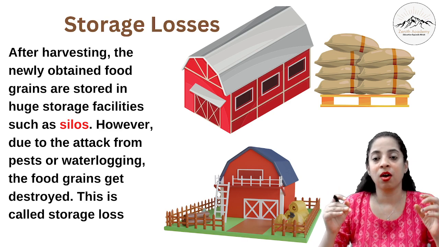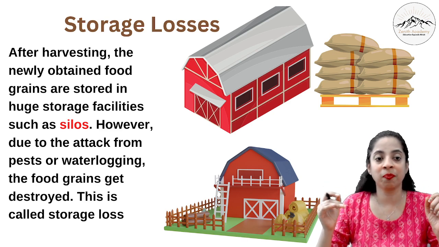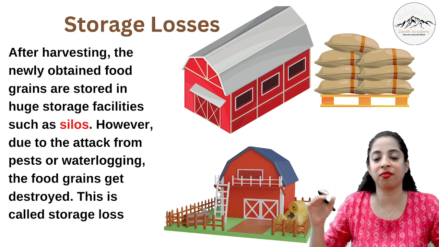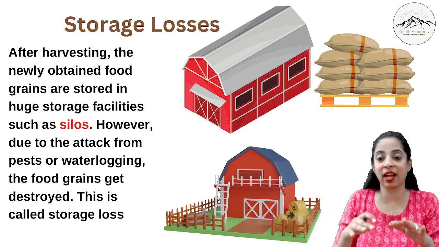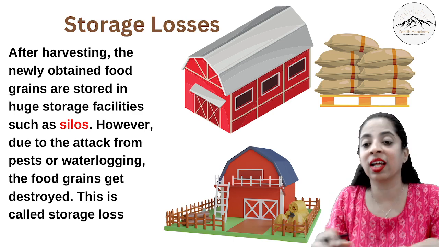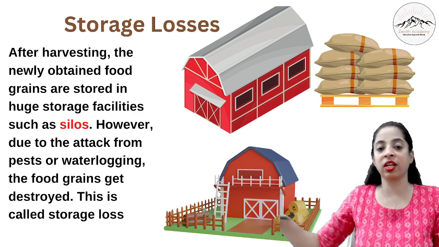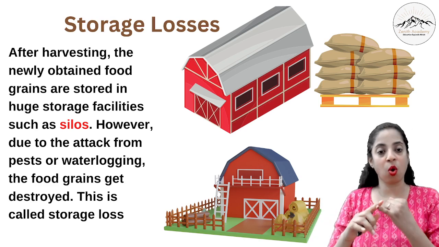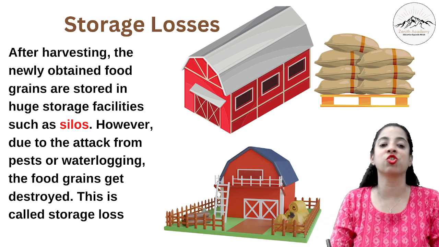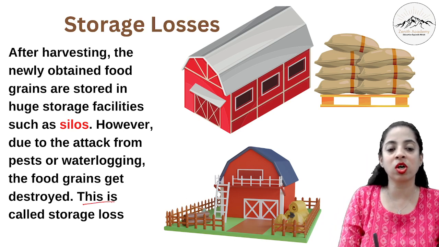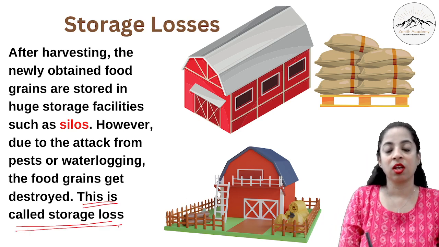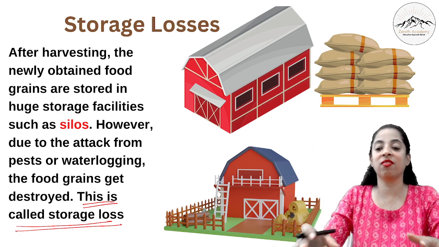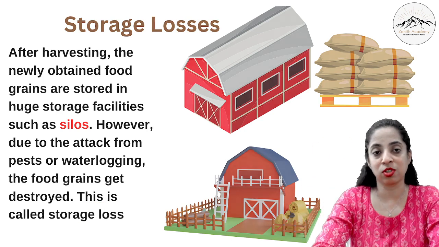You can see the pictures of silos here on the screen. However, due to attack from pests or waterlogging, if there is rainfall and water goes inside or the water gets collected on the farm, it's not running, it gets collected, that is called waterlogging. So due to attack from pests or waterlogging, the food grains get destroyed, and this type of loss is known as storage loss. We lose the yielded crop when they were stored in the silos.